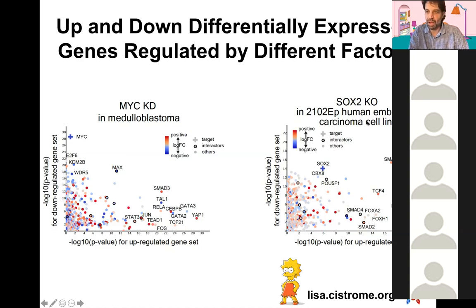And also for SOX2 knockout, SOX2, OCT4 and NANOG are highly related to the downregulated genes. NANOG is also associated with upregulated genes, but these other more differentiation-associated genes are associated with the upregulated gene sets.